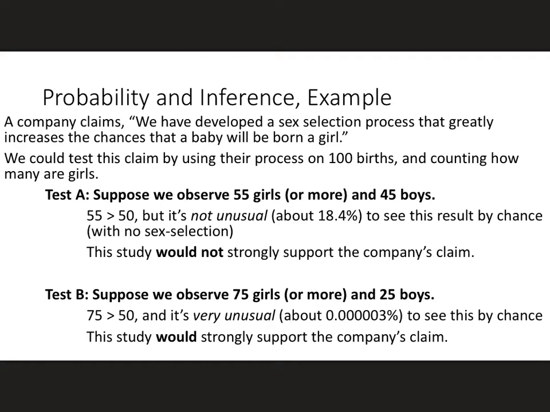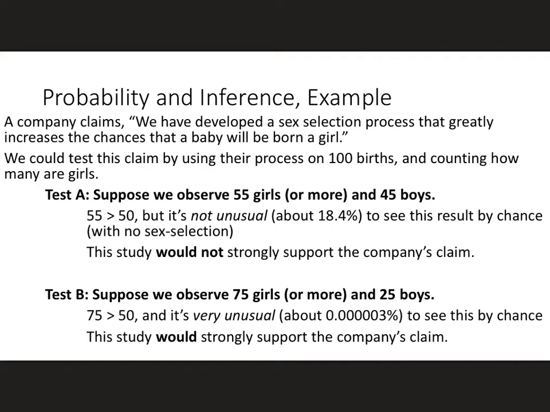So we have test A. Suppose we observe 55 girls or more being born. So we observe 55 girls and 45 boys. Well, we know that the chances of a girl being born with no sex selection process should be about 50.